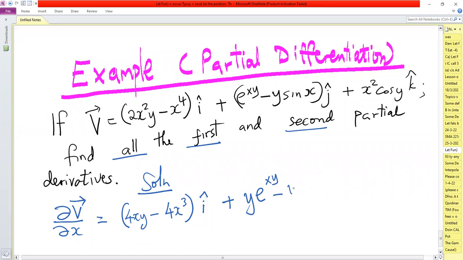So minus y cos of x. And this part, cosine of y is taken to be a constant because we are differentiating with respect to x. So we'll get 2x cosine of y, k.